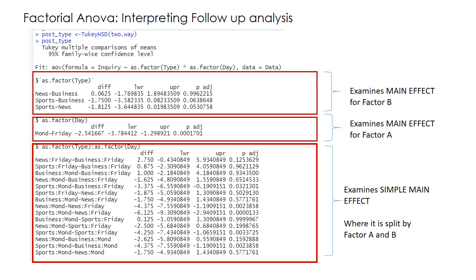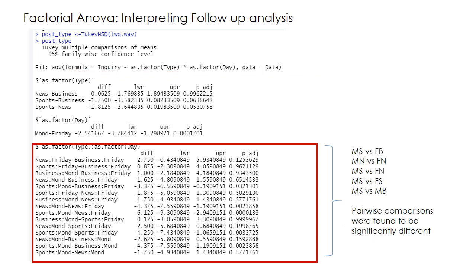So you look at possibly 15 comparisons, and then you have to look at the p adjusted value. Why adjusted? Because there are a lot of tests that we are running, so it is already corrected for type 1 error. As I said, if you have a significant interaction, then you have to focus on this table.